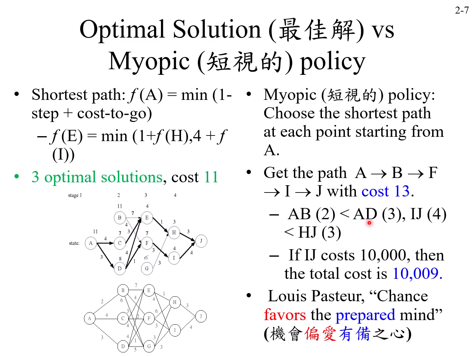So in the middle stage, we might sacrifice a little bit so that we could reach the final destination with a shorter path. As you can see here, for the myopic policy, if you go here from here and this cost is 10,000, then the total cost is much larger.